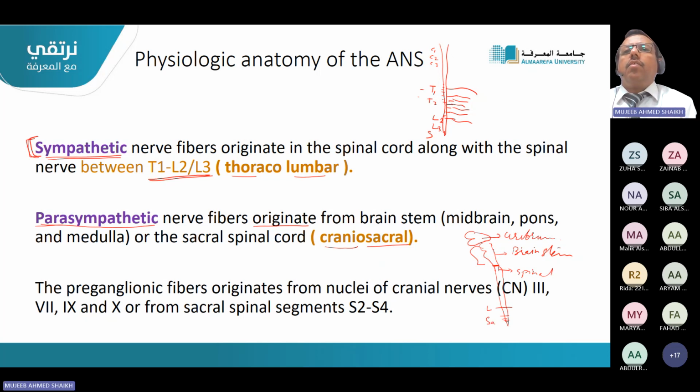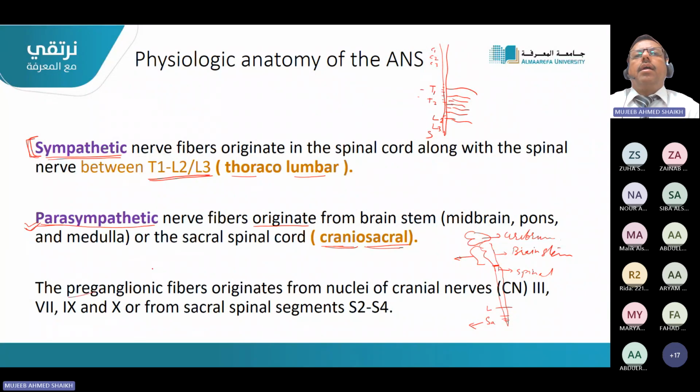So from the brain stem and from the sacral part, nerves are coming out which are containing the fibers of the parasympathetic system. So the parasympathetic division is coming from the cranial region or sacral region of the spinal cord, cranial region from the brainstem, whereas sacral region from the sacral segment of the spinal cord.